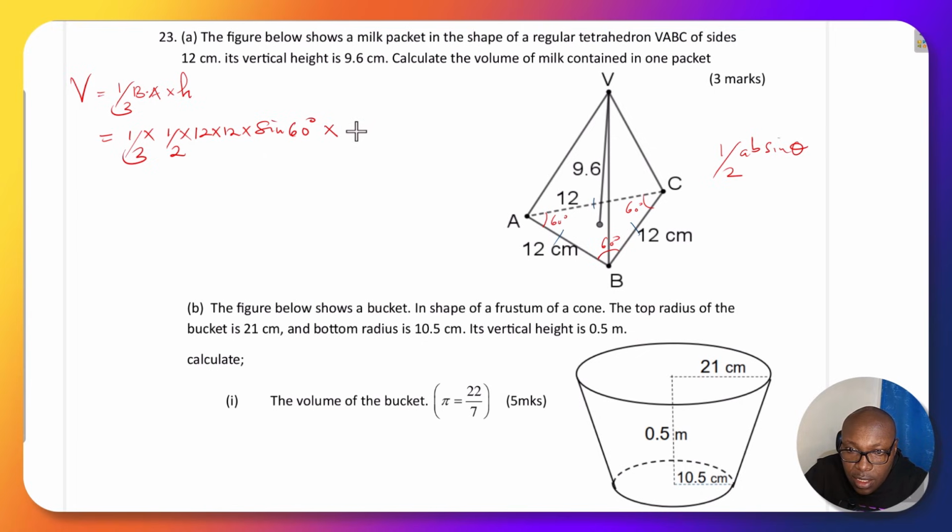The height is 9.6. So use a calculator to work that out: a third times a half times 12 times 12 times sine of 60 times 9.6. That one should give 189.5.